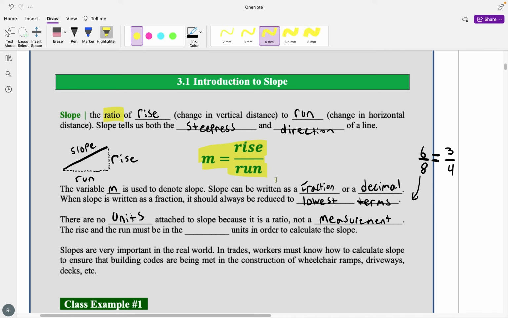Just a reminder that a ratio is when you take a fraction or when you divide two things with the same units. It's a comparison. The rise and the run must be in the same units to calculate slope.